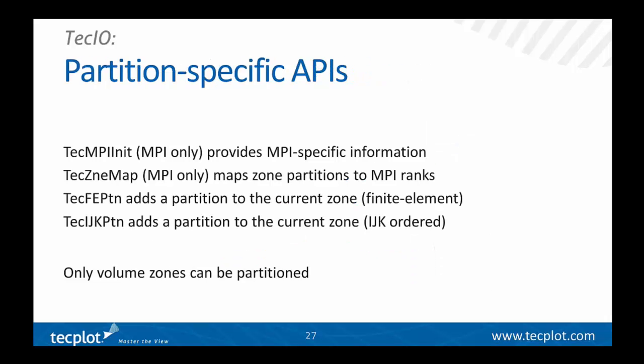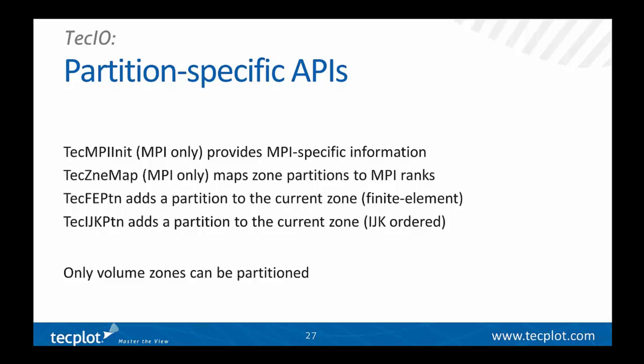To support MPI and partition zones, we've added 4 new APIs to the TechIO library. The first 2 are only in the TechIO MPI library, which is a separate library, but again, that's installed along with Tecplot, and source is available from our website if you want to build a static library.